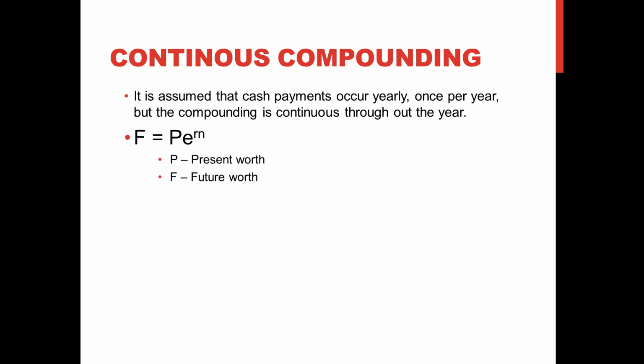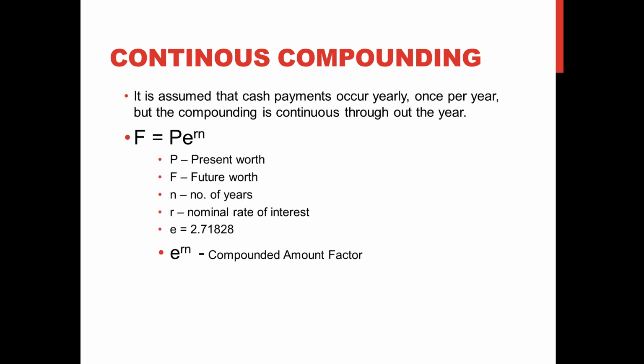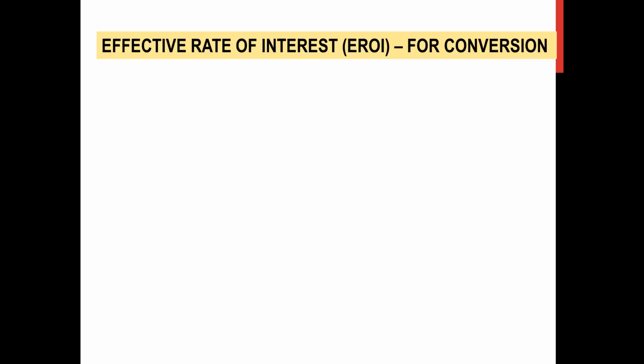P is the same present worth, and the future worth is F. N is the number of years, r is the nominal rate of interest, and e is the constant equivalent to 2.718828. Remember that the natural logarithm of e will equal 1. And e raised to rn is what we call the compound amount factor.